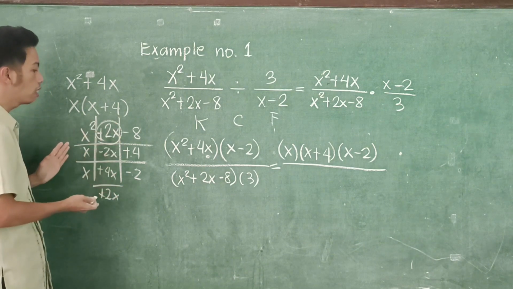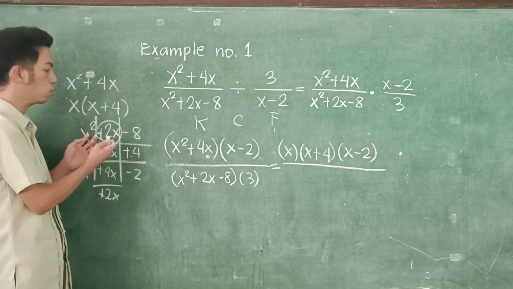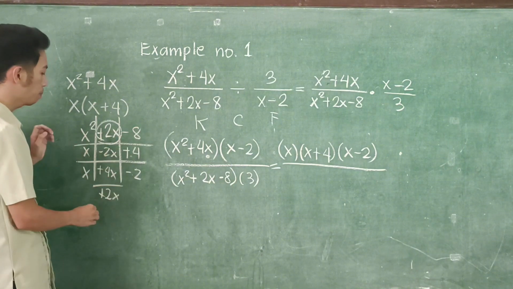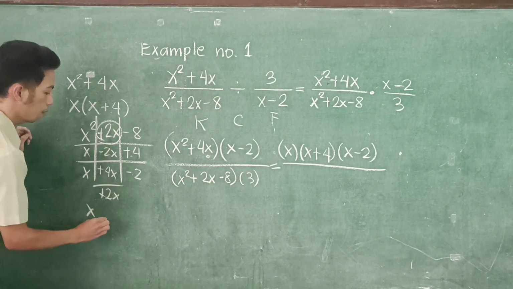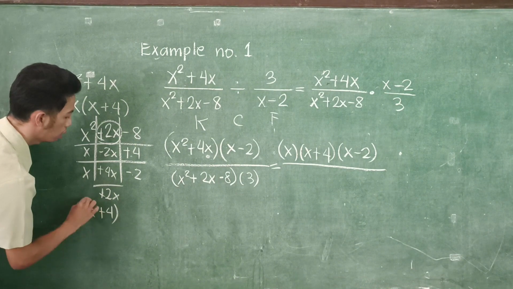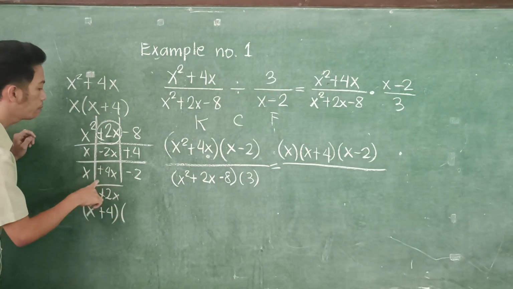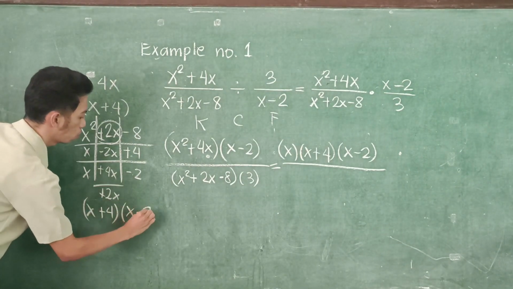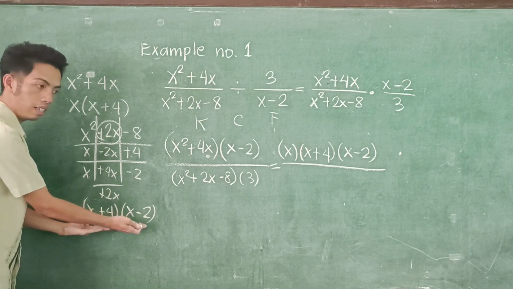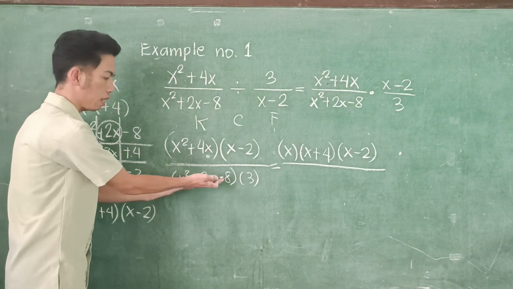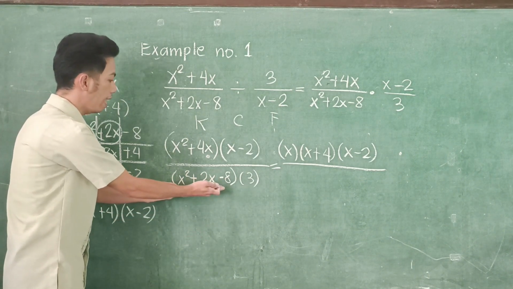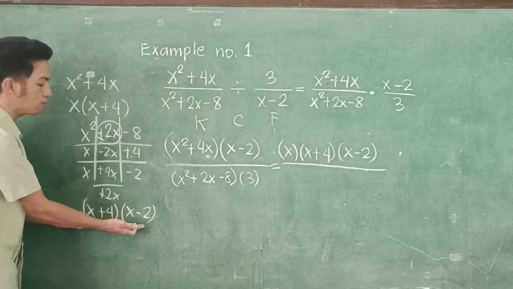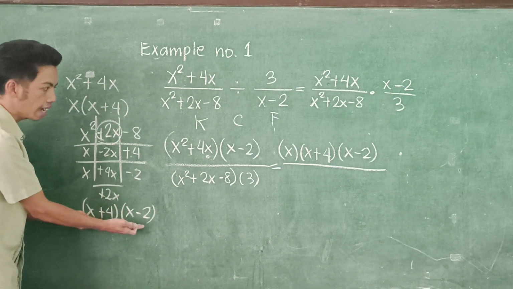So therefore, the factor of x squared plus 2x minus 8 is x plus 4 multiplied by x minus 2. So we will plug it in this expression. Ito ipapalitan natin ng kanyang factor, which is x plus 4 multiplied by x minus 2.